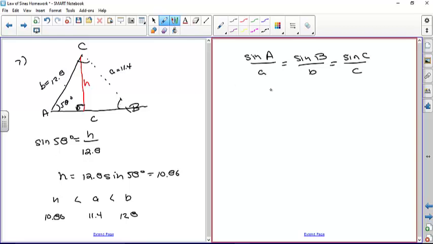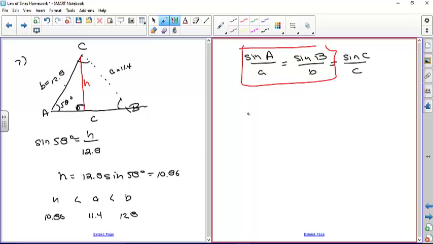So we're going to use these two to solve for angle B. Once we have angle B, we can find angle C. Once we have angle C, we can find side C. So that'll be solution 1. So let's go ahead and do it.